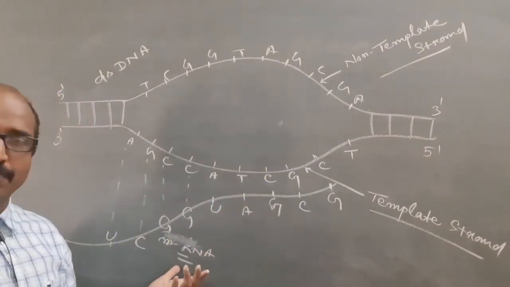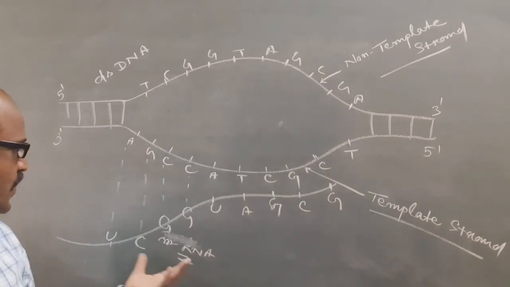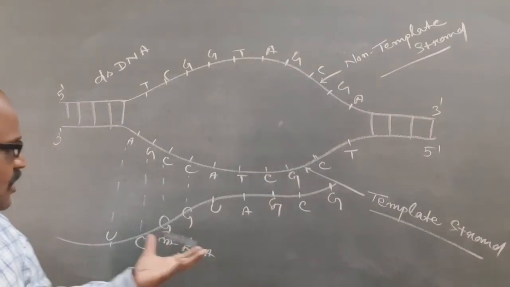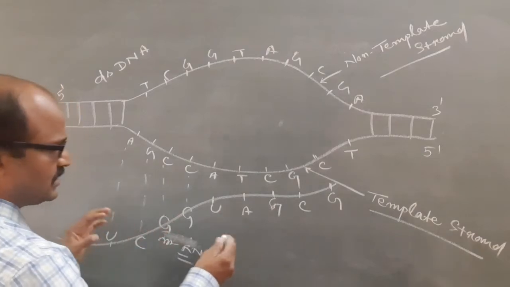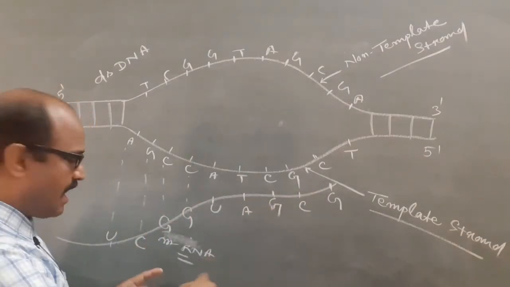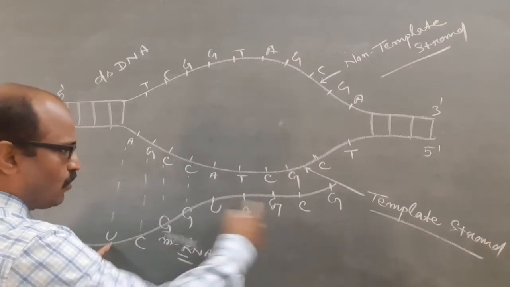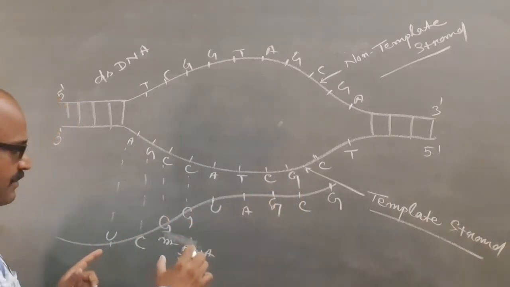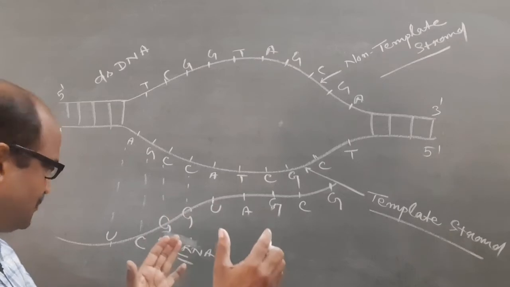And this RNA, or mRNA, undergoes the process of translation, or participates in the process of translation. That's why it has sense codes. That's why this strand is known as the sense strand, having the code or the sequence of nucleotides having a certain sense. Okay.